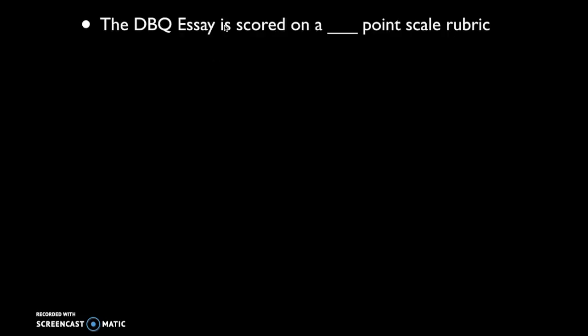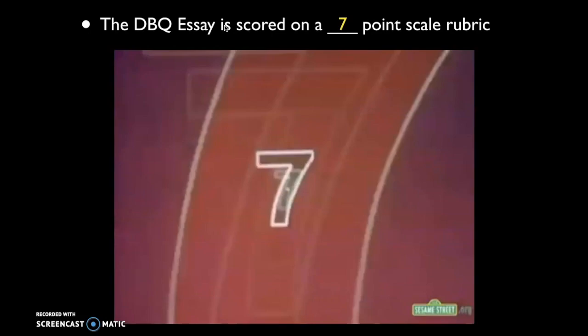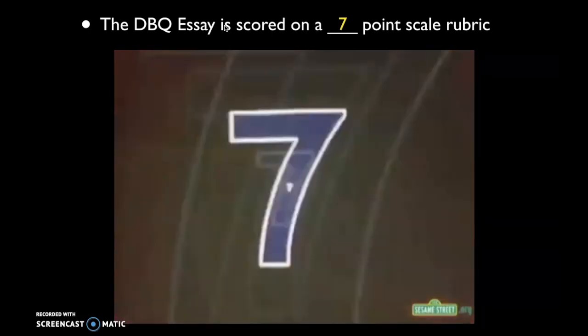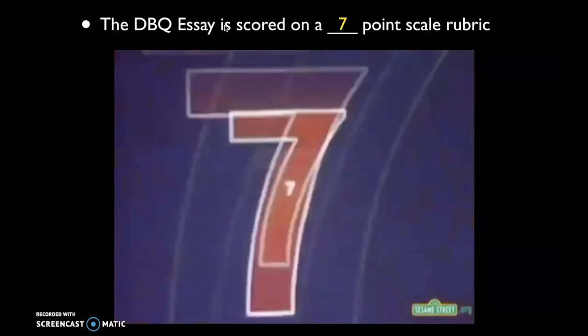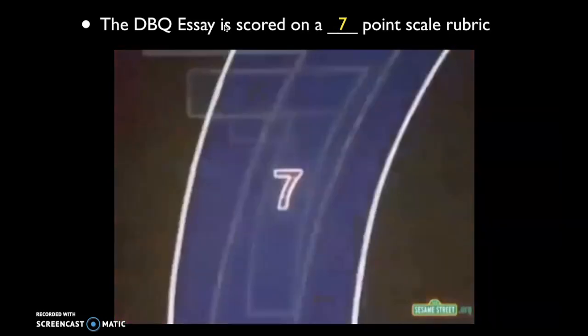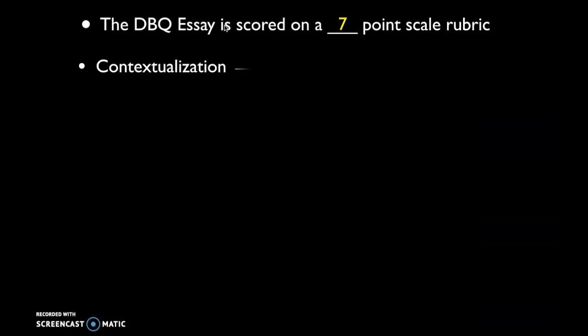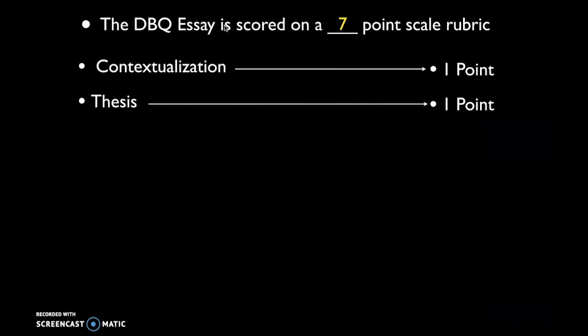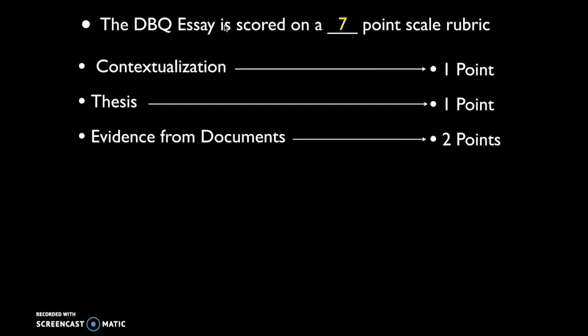Just a quick reminder, the DBQ essay is scored on a 7-point rubric. In your introductory paragraph, you're going to need some contextualization and a thesis, and that's what we're going to be talking about today. In your body paragraph, you're going to need some evidence from your documents.